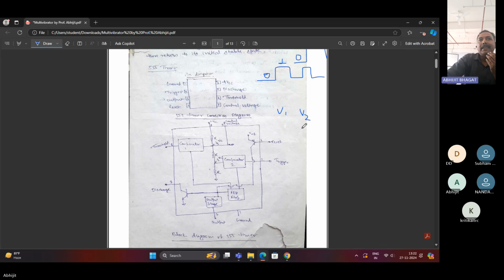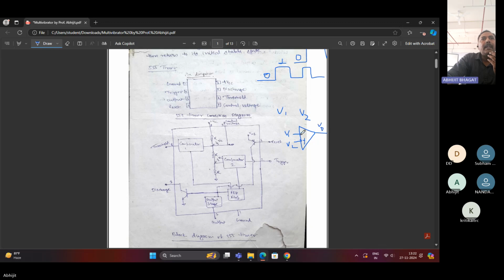Basically, we discussed this comparator circuit in the theory classes too: a comparator can also be designed with the help of an op-amp. In an op-amp, there are two input pins, one the inverting terminal and the other the non-inverting terminal. Suppose V1 is applied at the negative terminal and V2 at the positive terminal, and this is the output terminal V0.